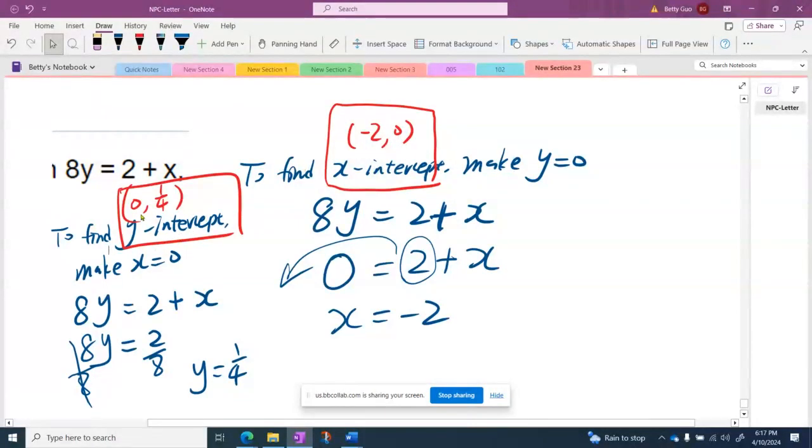And the y-intercept must have x value equals 0. So that's something we have to memorize and understand. It's because the x-intercept is on the x-axis, so the y value is 0. Similarly, the y-intercept is a point on the y-axis. That's the reason the x value has to be 0.